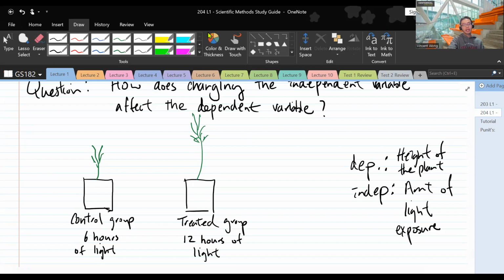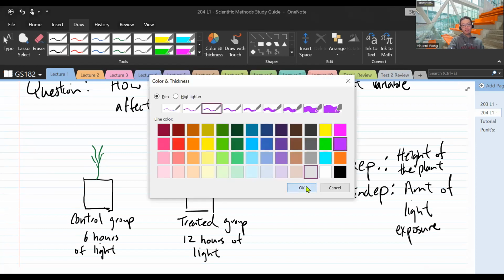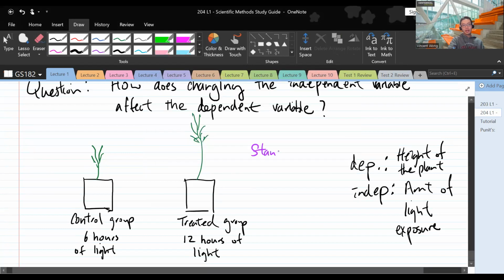We call those things standardized variables. Everything else must be kept the same. So what should we keep the same between the two groups? Give me some ideas. Between the control and the treated group, besides the sunlight, which is different, what needs to be the same?